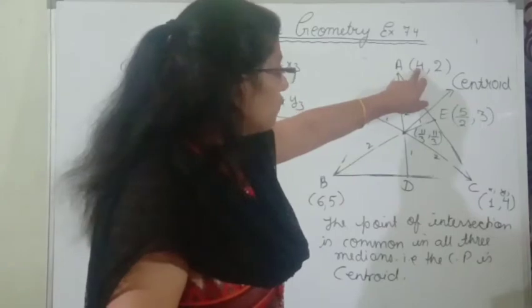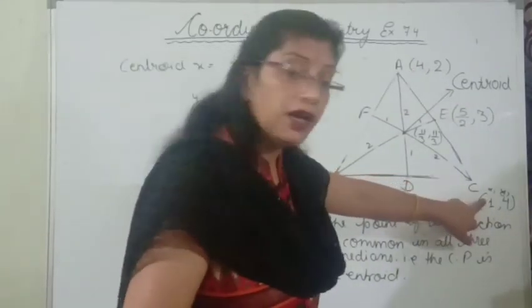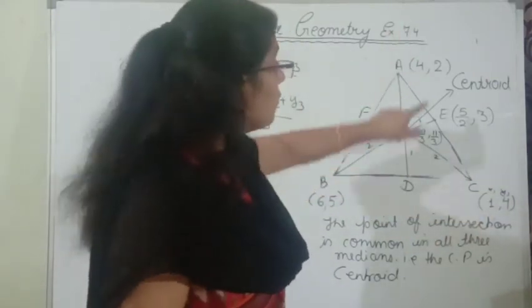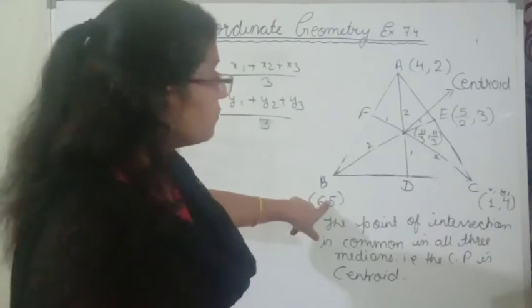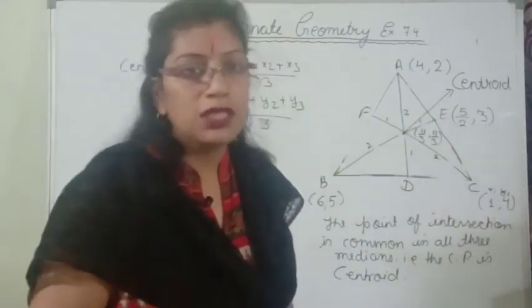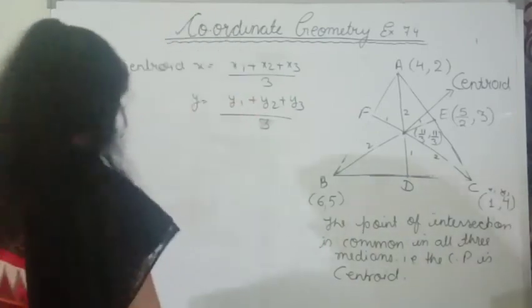So x: 4 plus 6 is 10, plus 1 is 11, upon 3, the x coordinate. Then the y coordinate: 2 plus 5 is 7, plus 4 is 11, again 11 upon 3. So you got the formula of centroid from here.